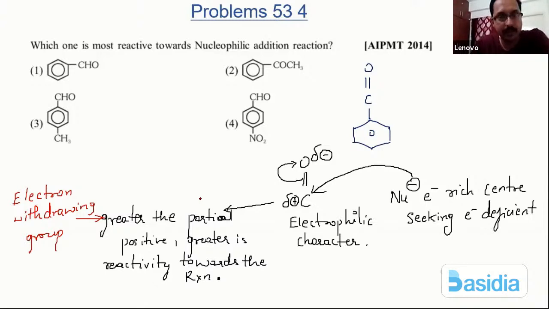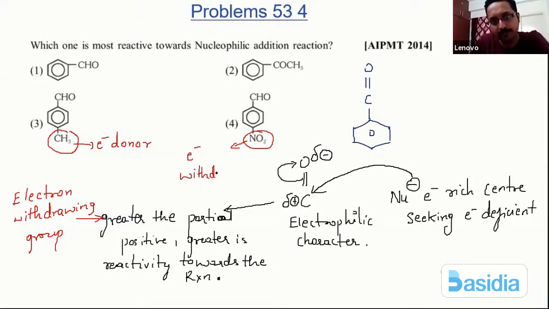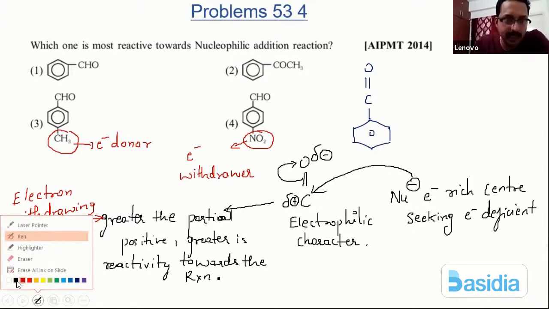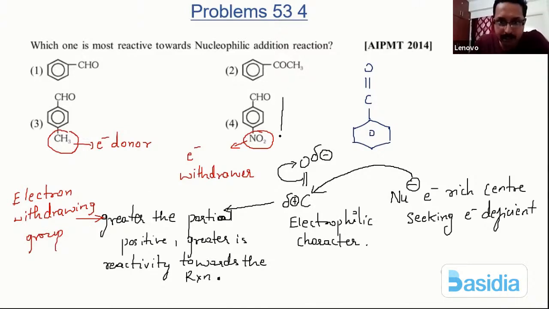Yes, withdrawing group, very good. So if you see the CH3, CH3 is an electron donor. If you see the NO2 group over here, this is an electron withdrawer. That means all the electrons are coming towards the NO2 group.